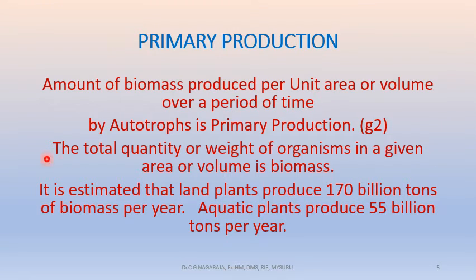It is estimated that land plants produce 170 billion tons of biomass per year. Aquatic plants produce 55 billion tons per year. There is a difference between that. You can find out from your teacher, or you can also go through Google, to find out why that difference is.